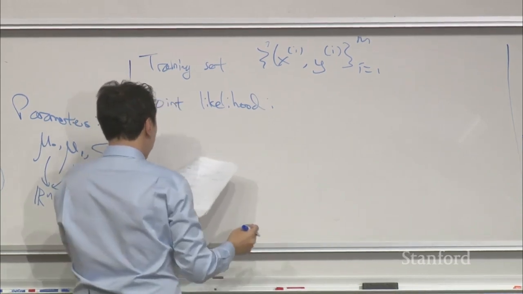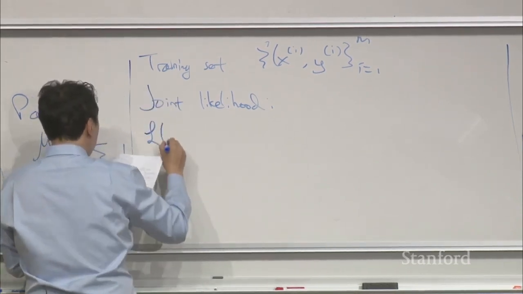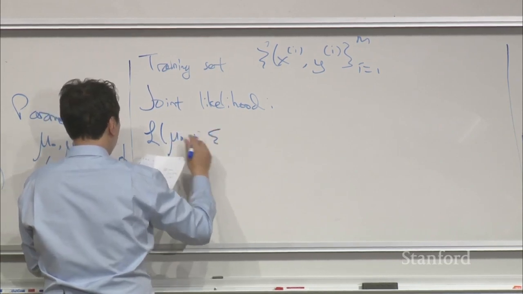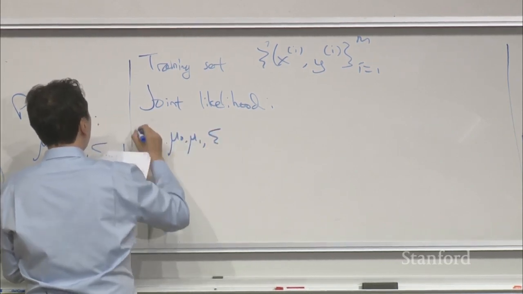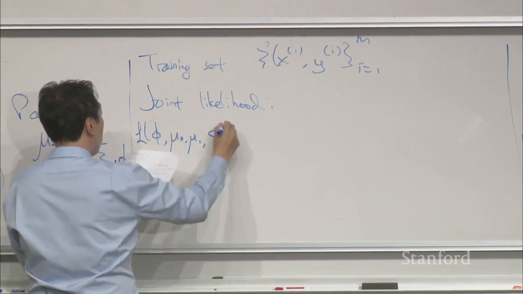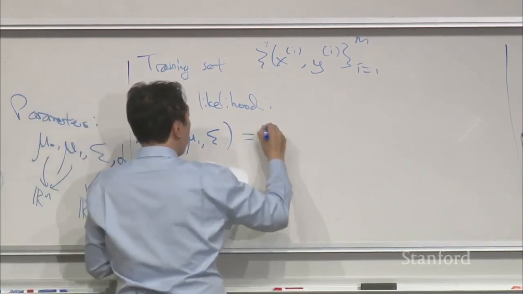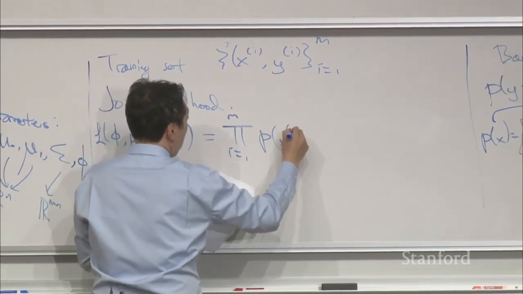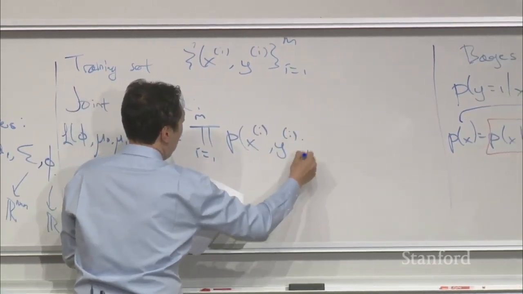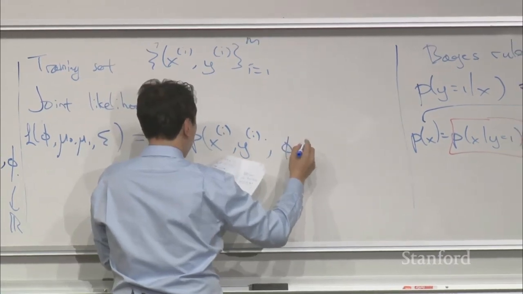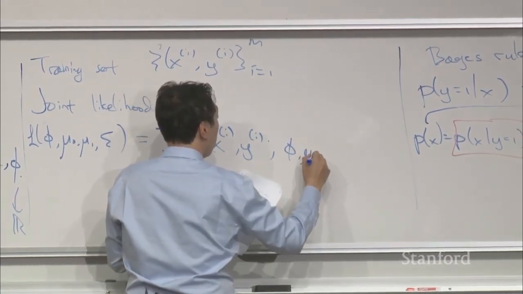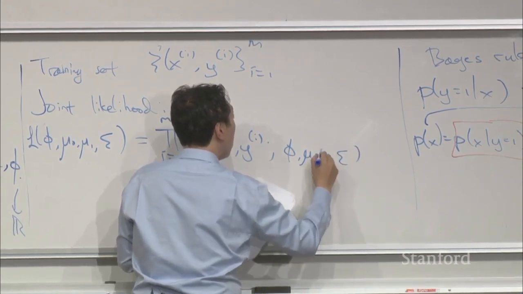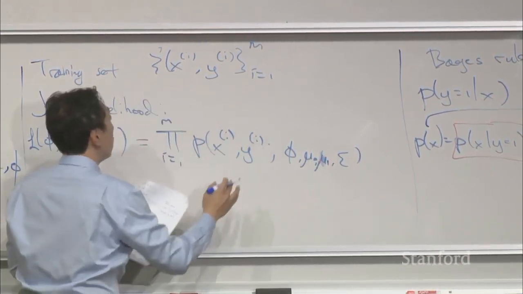And in particular, let me define the likelihood of the parameters to be equal to the product from i equals 1 through m of P of x^(i), y^(i), parameterized by the parameters. Okay.